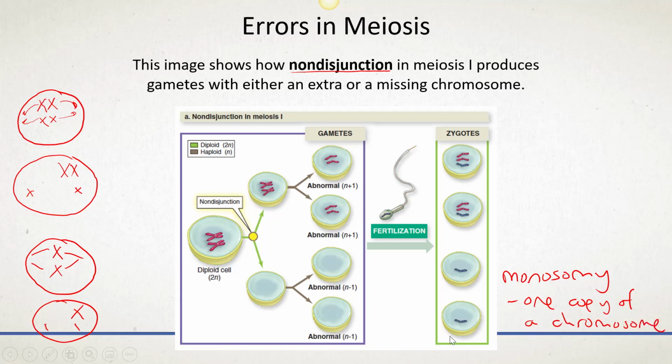So likely, all other 22 pairs, you're going to see the two copies of the chromosomes. It'll just be one chromosome location. So one pair is going to be missing one of the chromosomes. If you use the other cell in order to produce offspring, you're going to end up with babies that have an extra chromosome. This is known as trisomy.